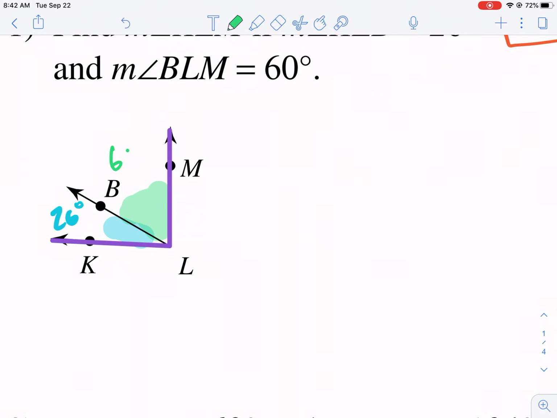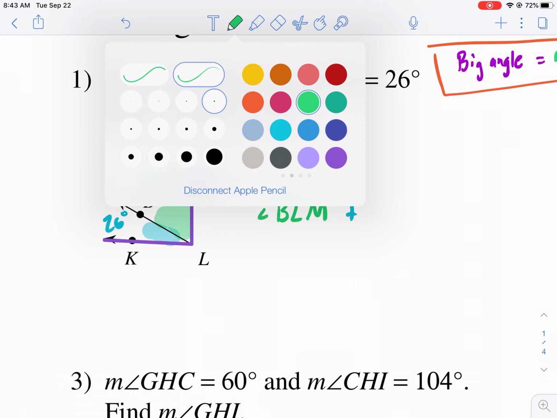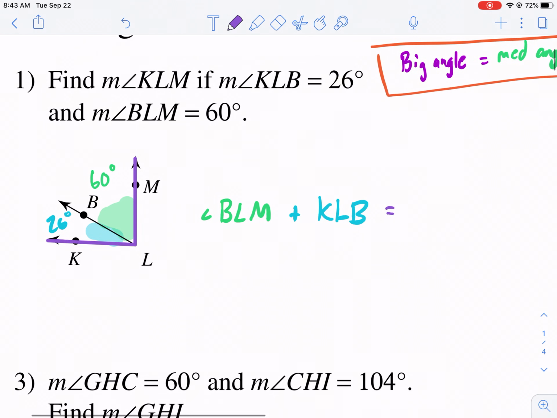This one is 60. Essentially, let me write the big picture. I know I'm spelling this out a little too much, but we have BLM plus KLB, and that's going to be equal to our big angle, angle KLM. That's exactly what we wrote earlier, just spelled out in a different way.